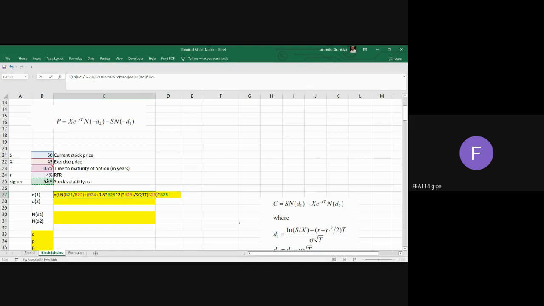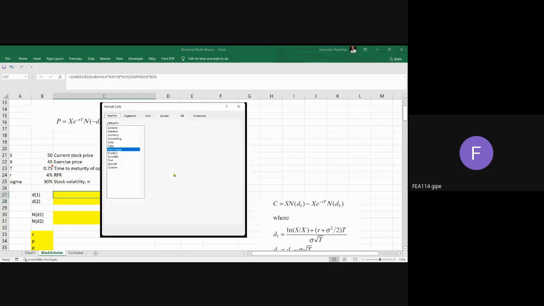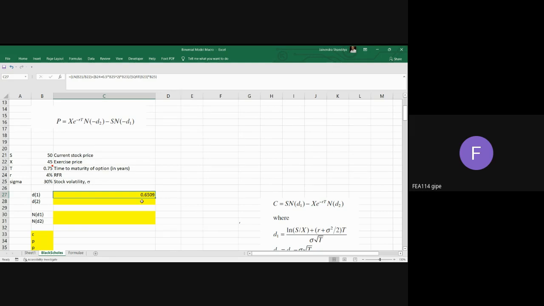Now the only thing I have to think about is whether I have to use another bracket. If I don't use it, then Excel will think that this is going to be multiplied with the whole, and then I enter. So I got 65%. I don't want it as 65%, so I'll change it to number. I change it to 0.6509.